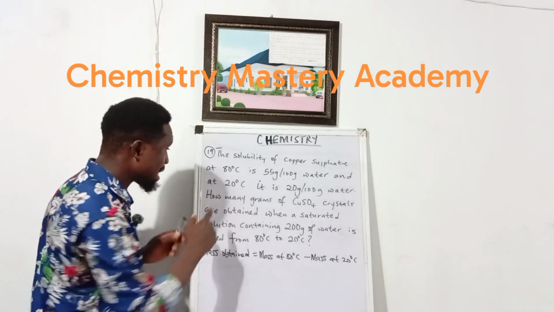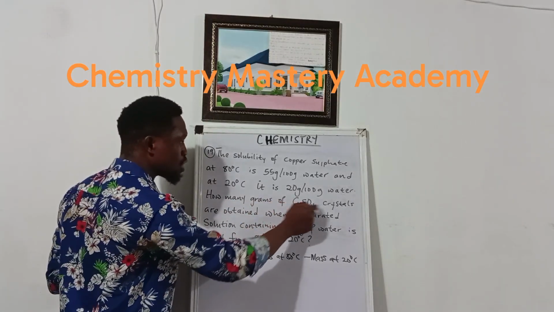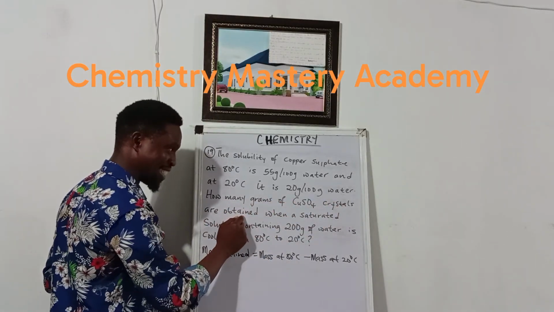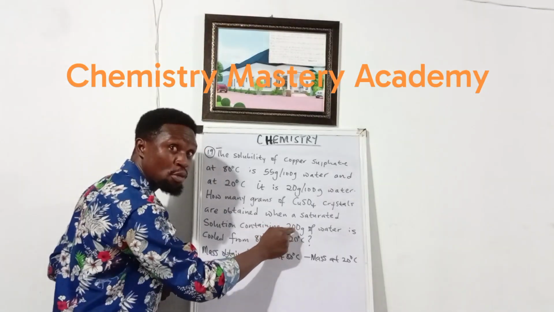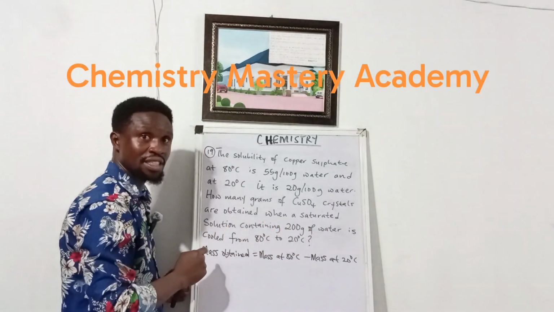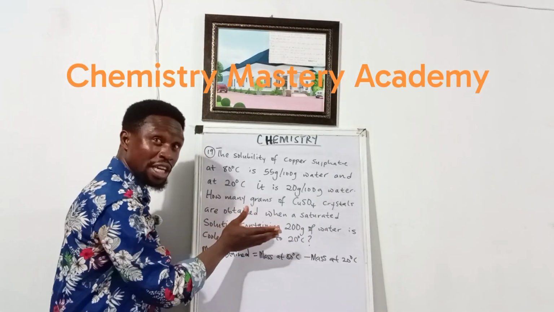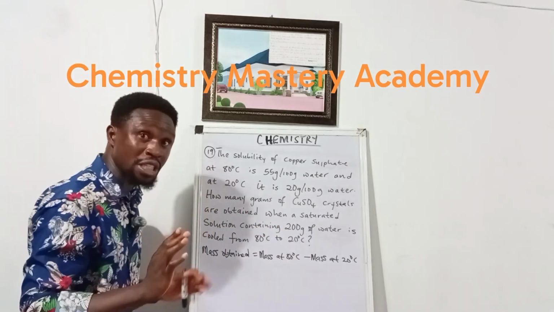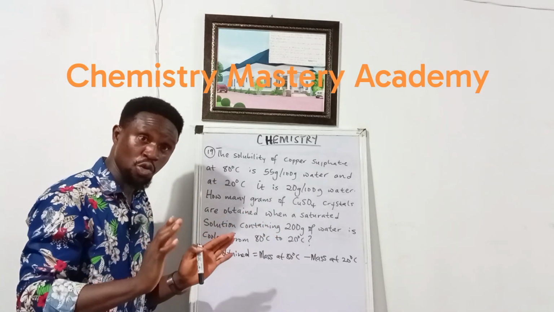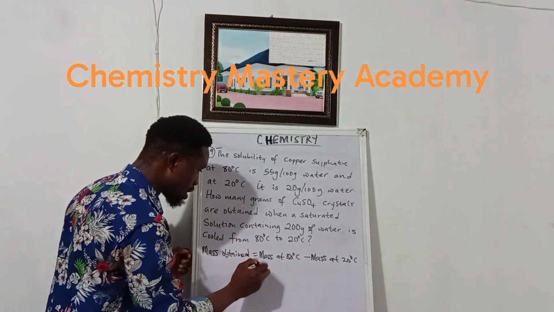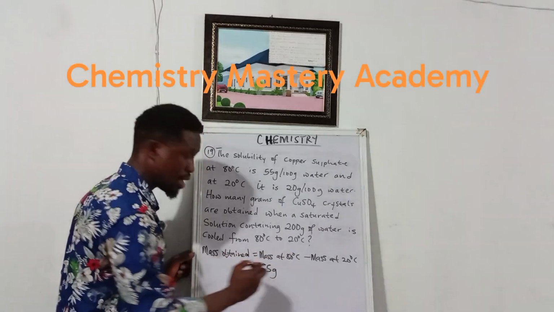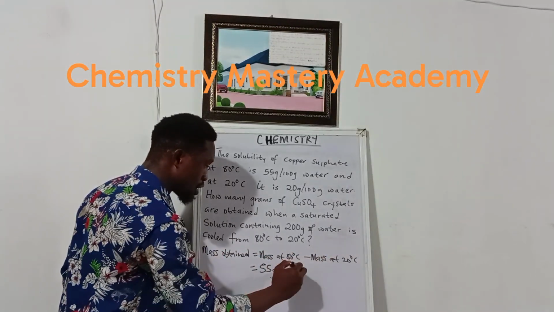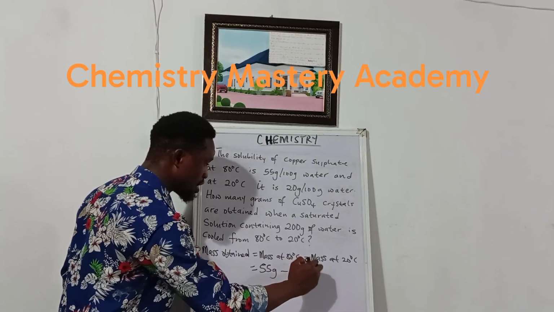But the question says, how many grams of CuSO4 crystals are obtained when a saturated solution containing 200 grams of water? Okay, that one is 200 grams of water. Well, first of all, we need to do the normal standard 100 grams of water. So the mass obtained is the mass at 80 degrees Celsius, 55 grams, minus the mass at 20 degrees Celsius, 20 grams.